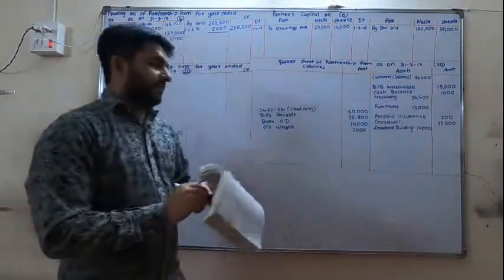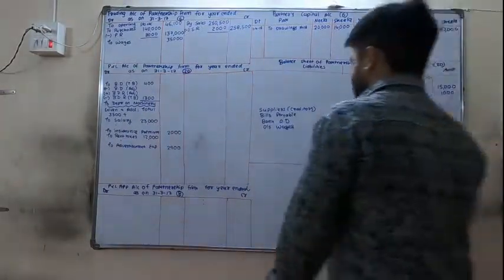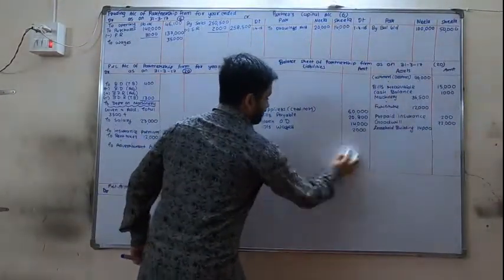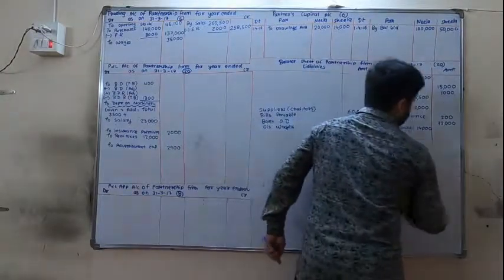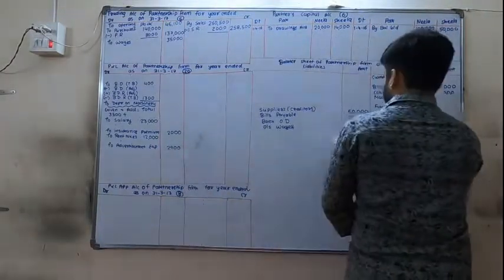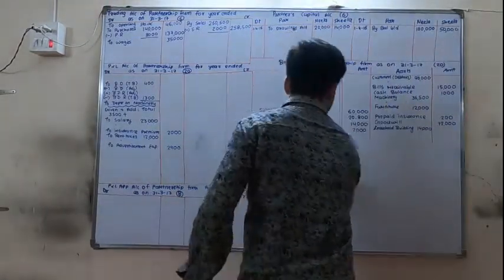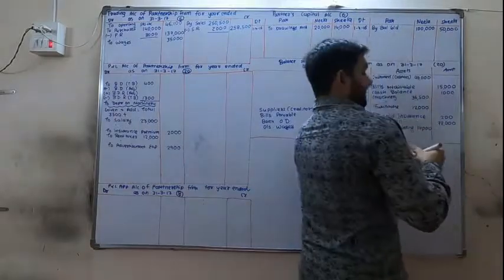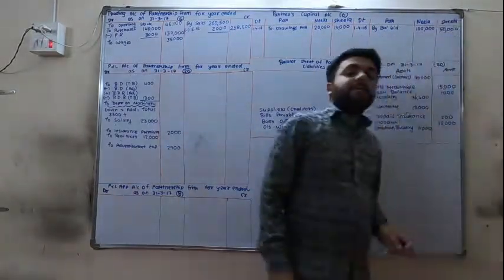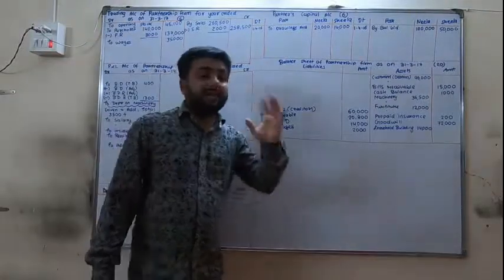Now we are calculating for this building. We need space for calculation, so I am rubbing it now. Again I will explain the thing. Leasehold building normally is from the starting of the year.